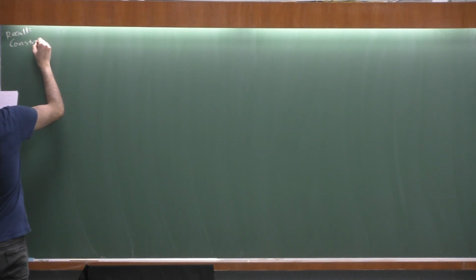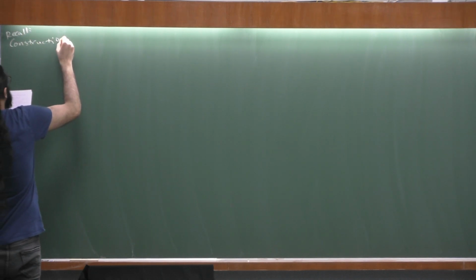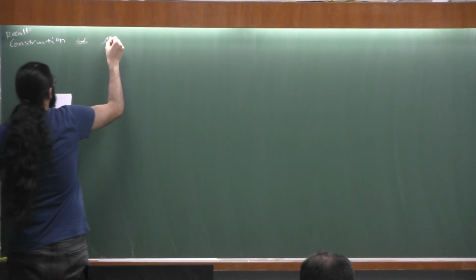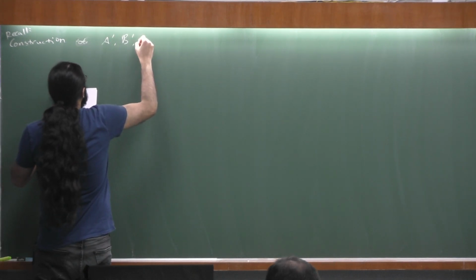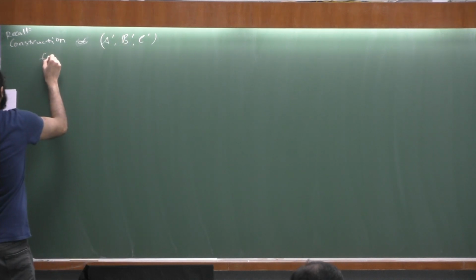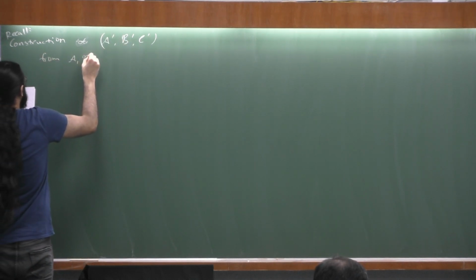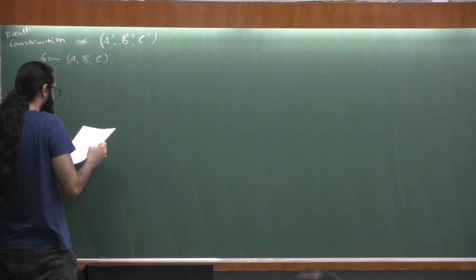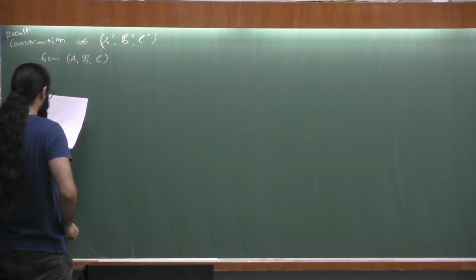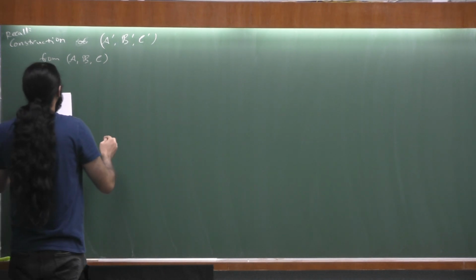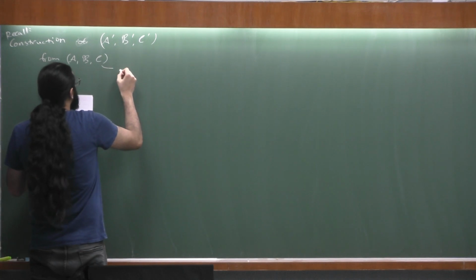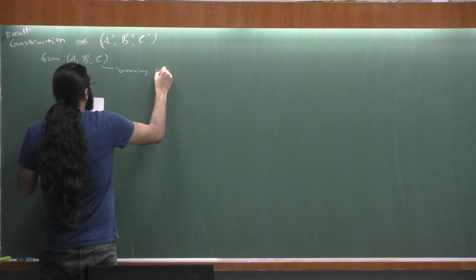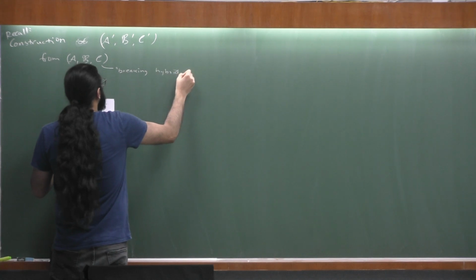We had this construction, depending on ABC, where ABC was breaking the decision version, and we wanted to extract S. So we call this breaking hybrid 2.